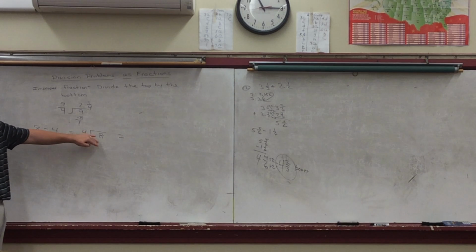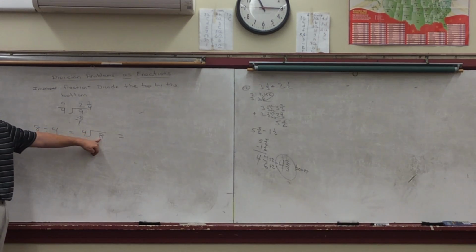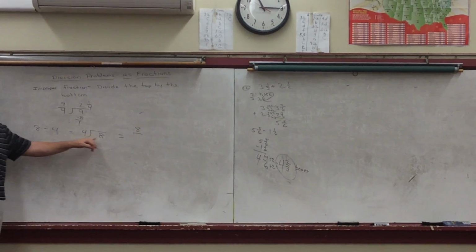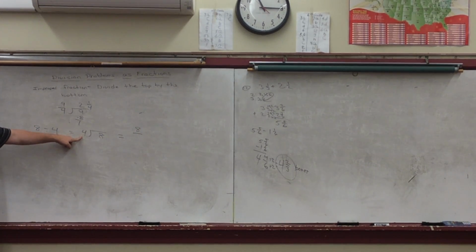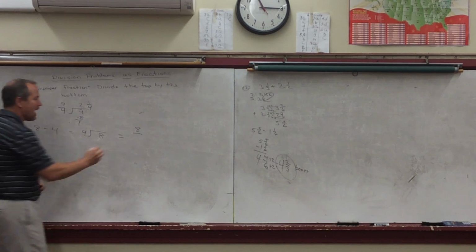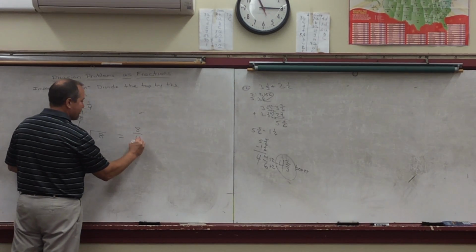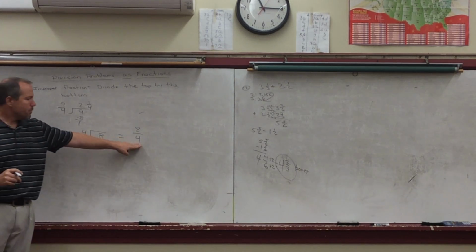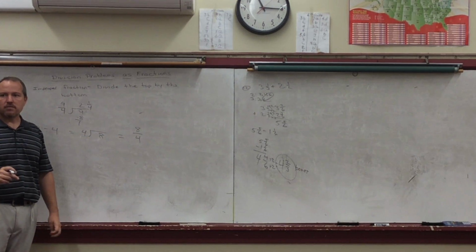So when we divide the top by the bottom, since the 8 is the number getting divided, that becomes our numerator. And our number out here, the divisor, becomes our denominator. And so 8 divided by 4 as a fraction would be 8 over 4.